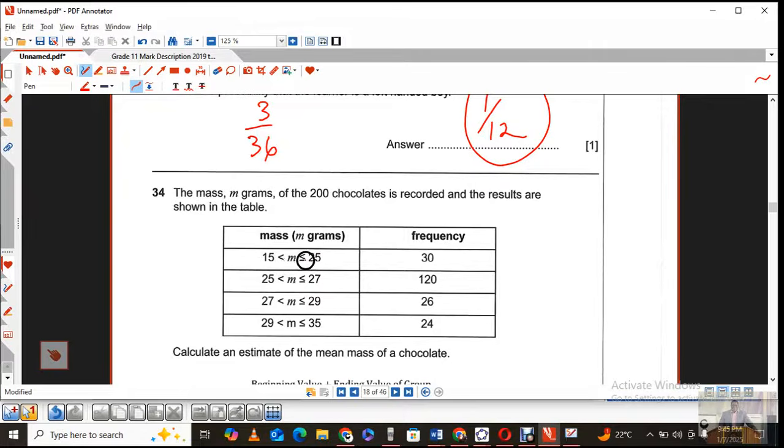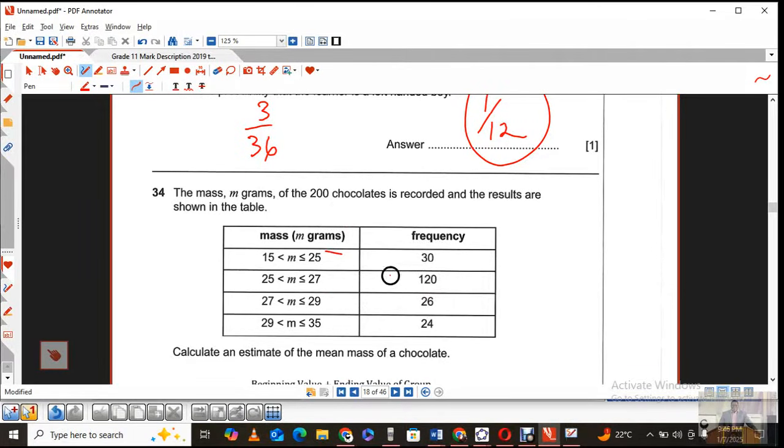So some of those 30 will have 16 grams, others will have 17 grams, others 18 grams, and so on. There will be 25 grams, but we don't know each individual one. We just put them in classes. So we said between 15 and 25, they are 30. Between 25 and 27, they are 120, and so on. If you were to add up this frequency, it will give you 200, the number of chocolates.